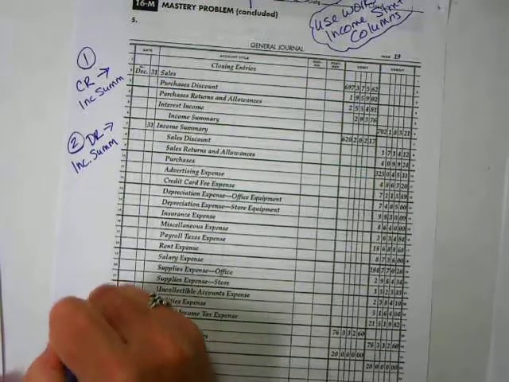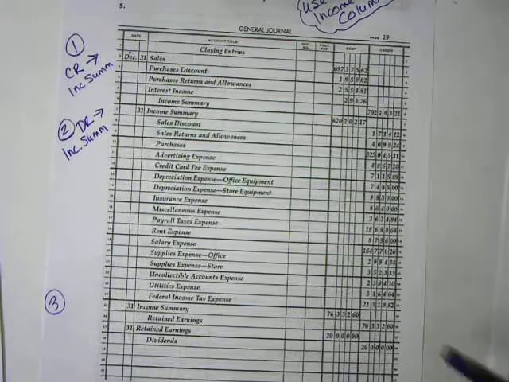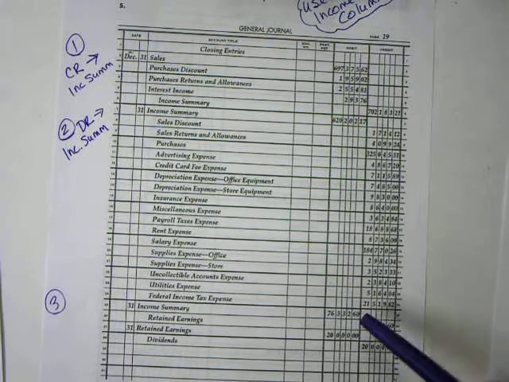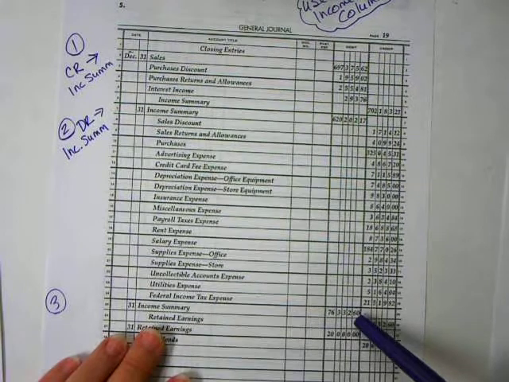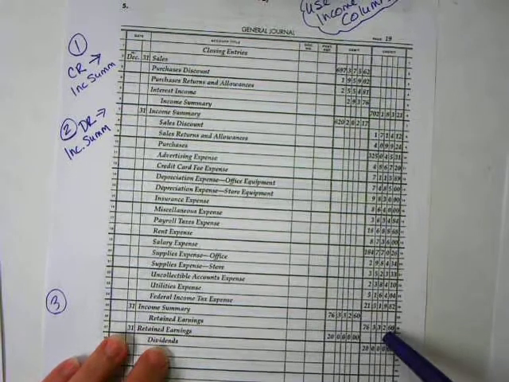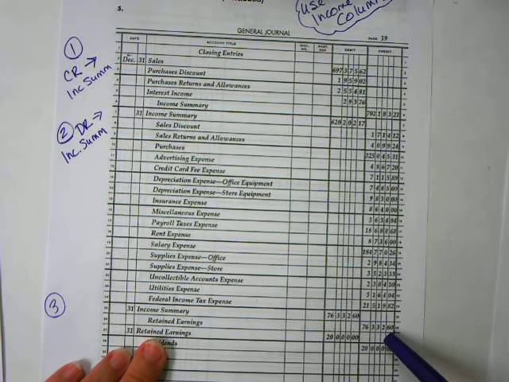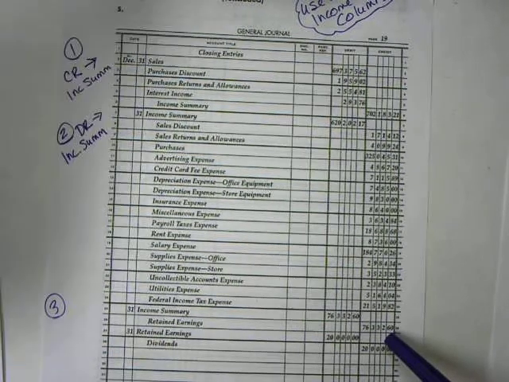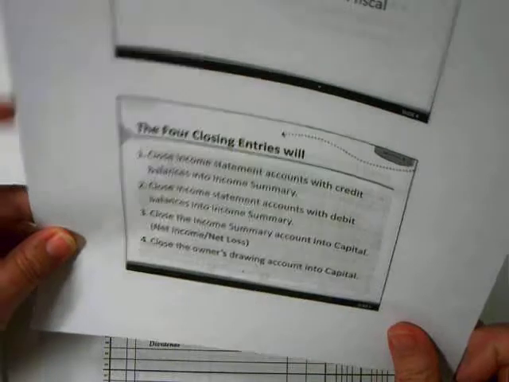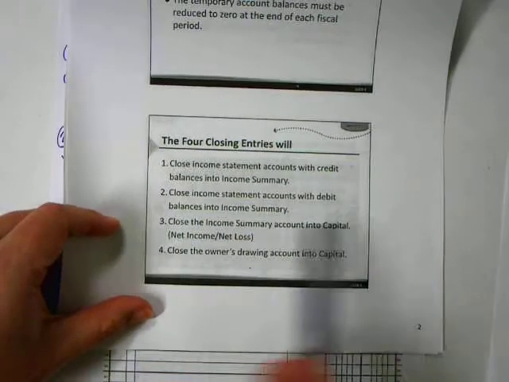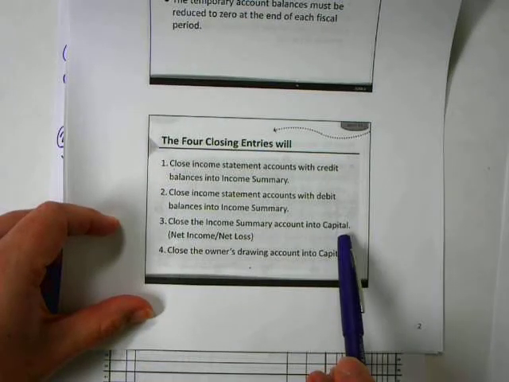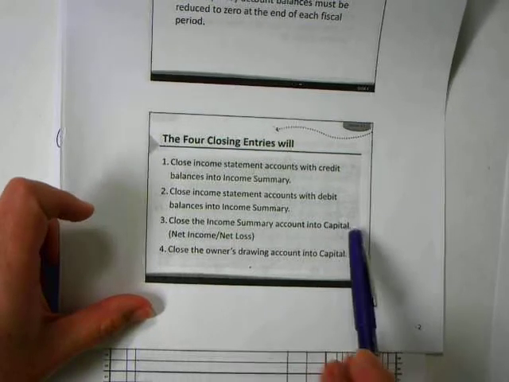The third closing entry is that we want to close income summary into retained earnings. Close the income summary into retained earnings for us.